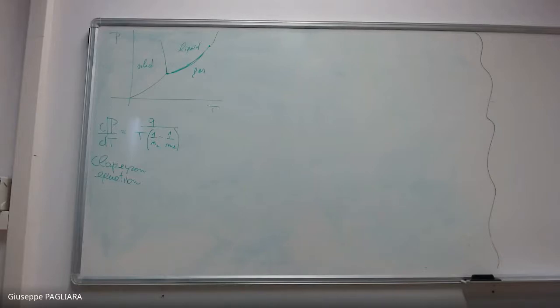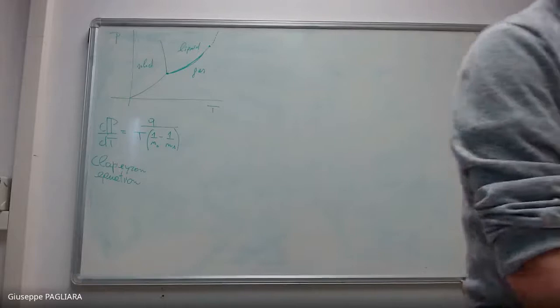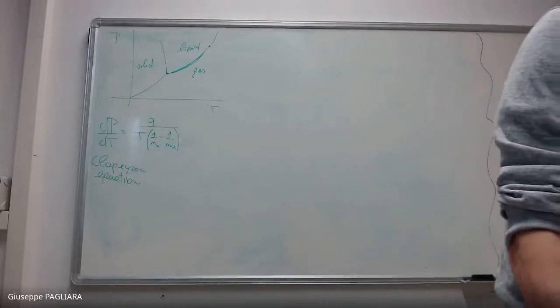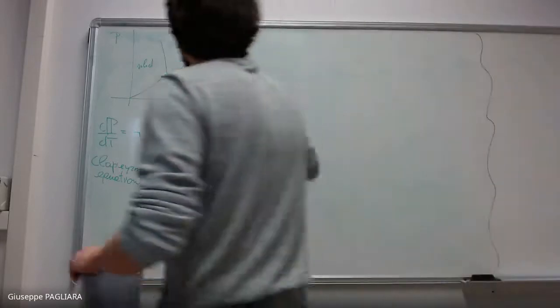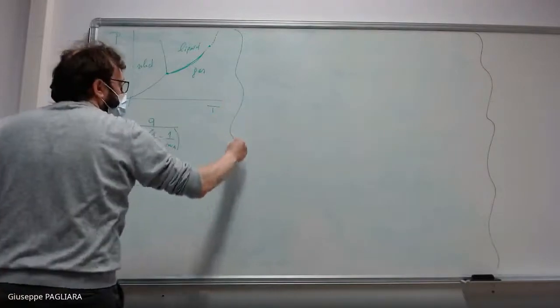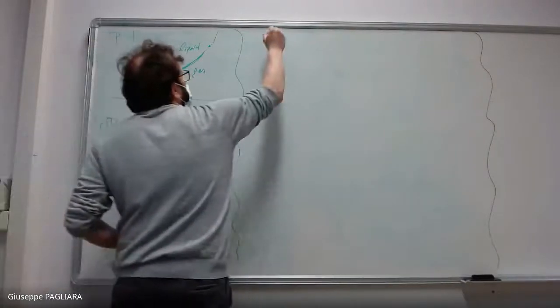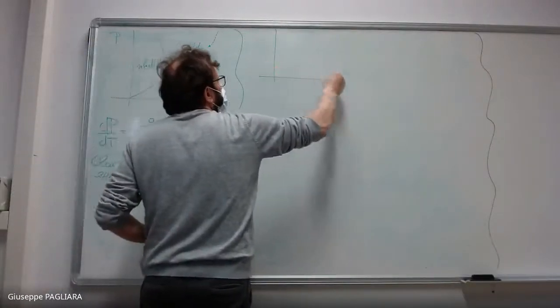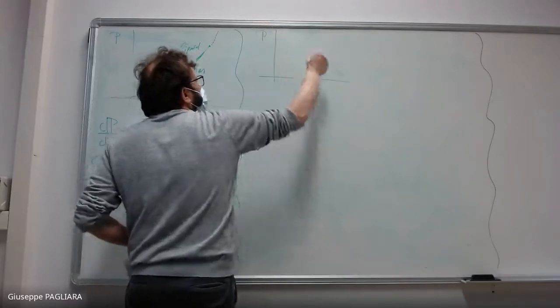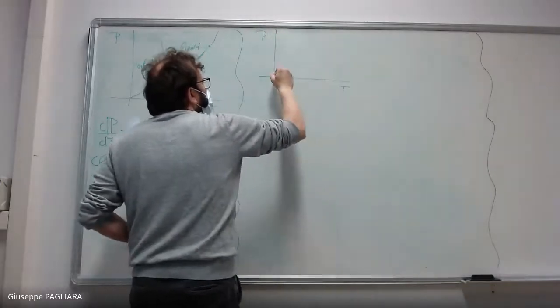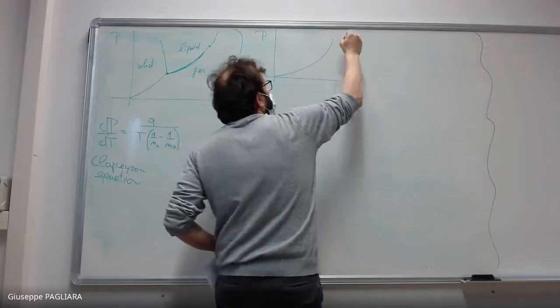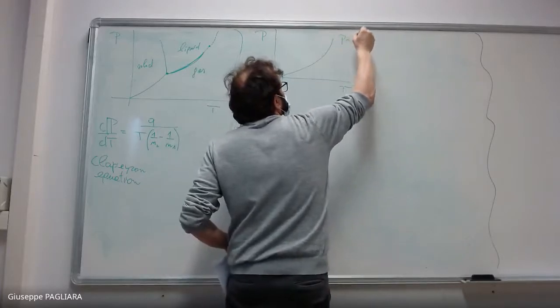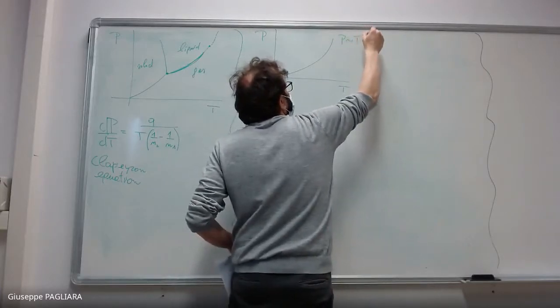So we will do the same, since we found something that indeed reminds us of a first order phase transition. But now the plot is slightly different, because we said that here we have P versus T, and here we have a line that scales as T to the power of 5/2.